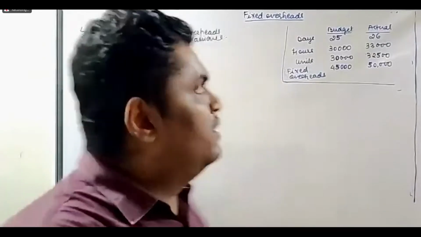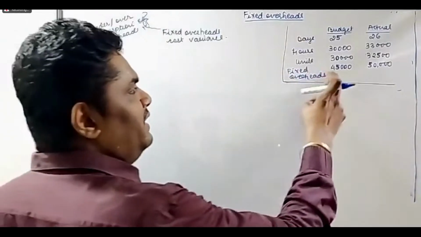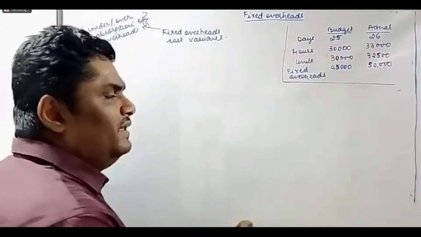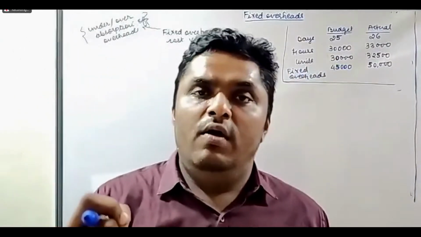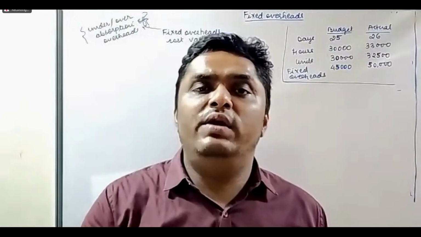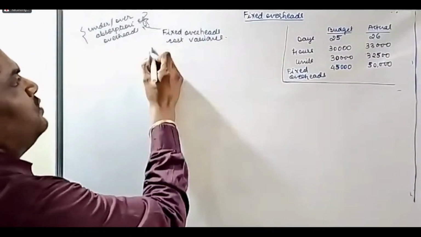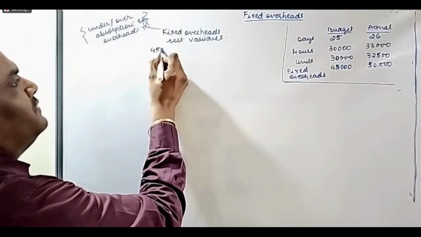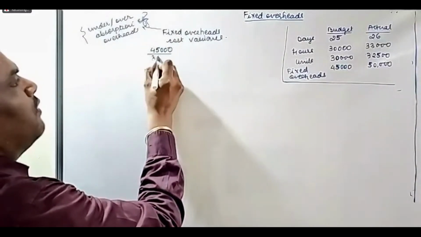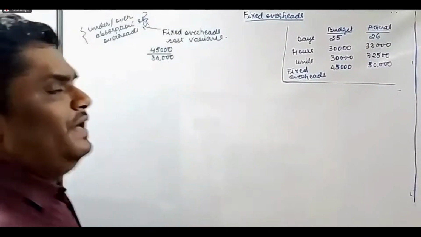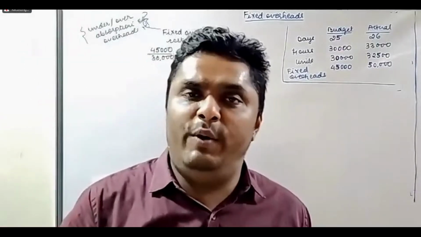So how to calculate the absorption rate? 45,000 divided by 30,000, so 1.5 per unit will be my absorption rate. So 45,000 overheads for 30,000 units gives our absorption rate, that is 1.5.